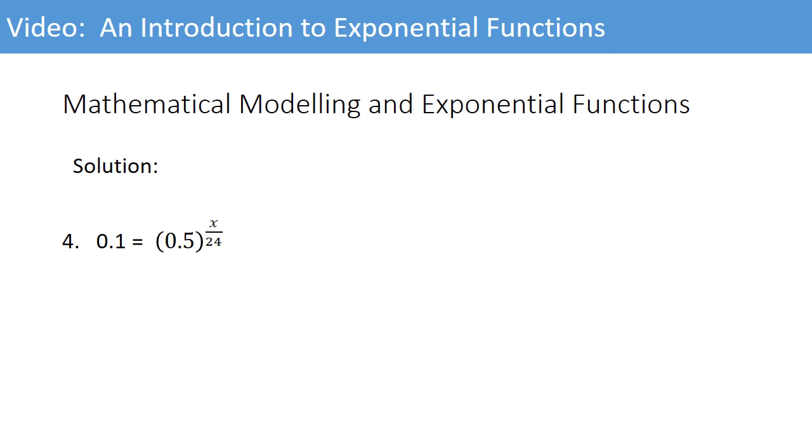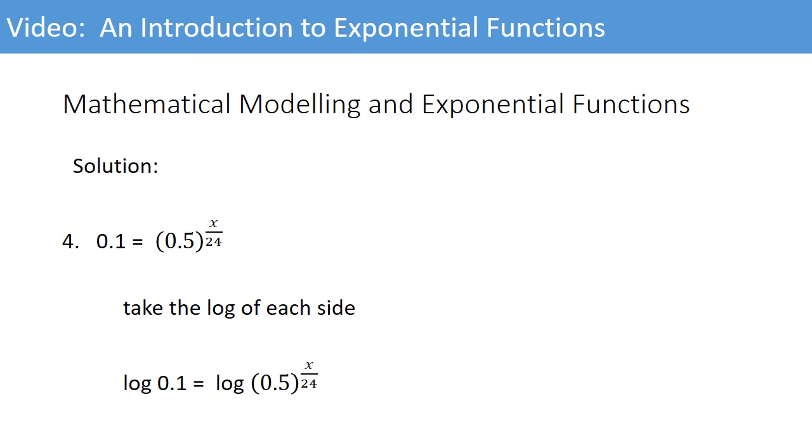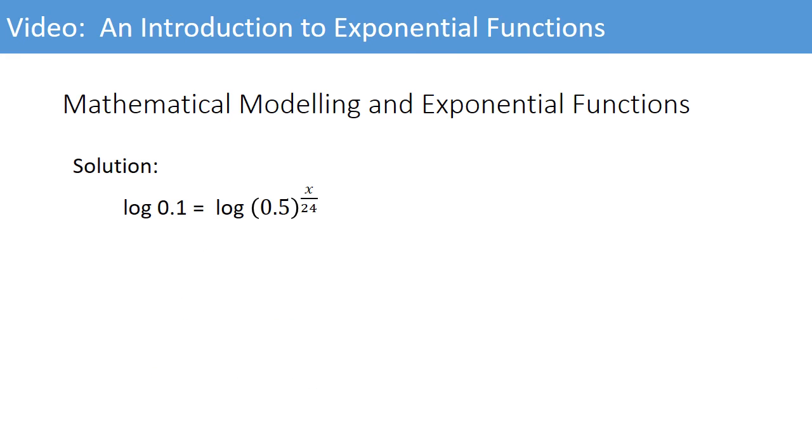How does it work? You are going to take the log of each side. To do that, you write log 0.1 equals log of 0.5 to the exponent x divided by 24. Now, apply the power law of logs.